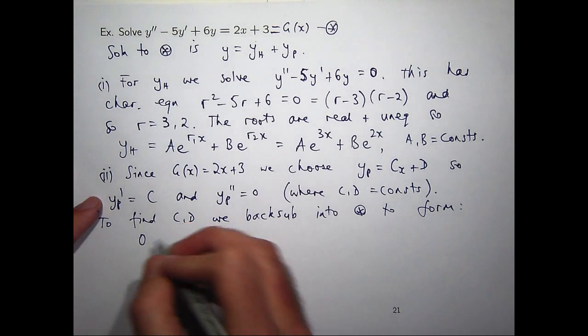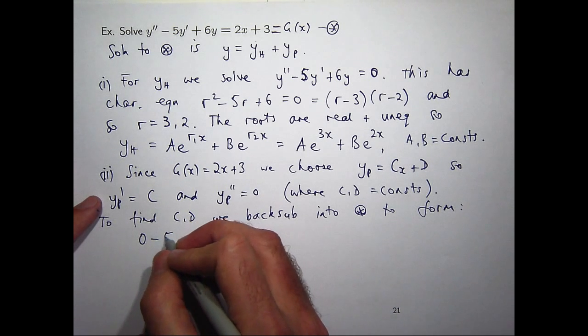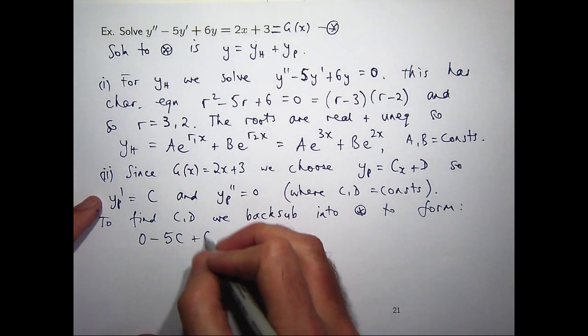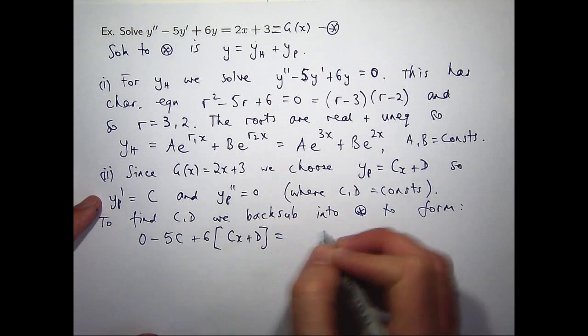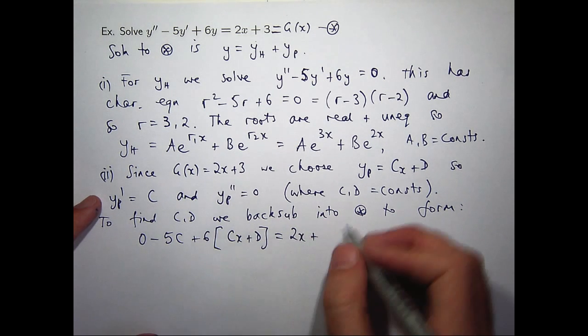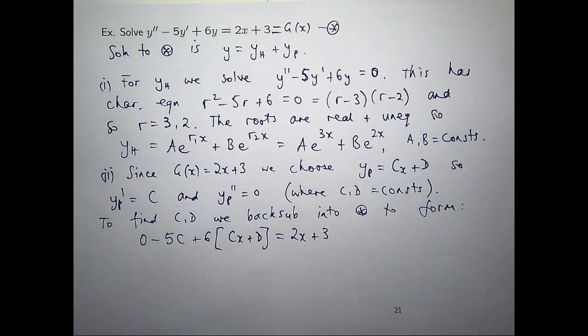So star is going to become 0 minus 5c plus 6 times this equals 2x plus 3. Okay, so all I need to do now is equate the coefficients. So what's C going to be? Well, from the coefficients of x, we're going to get 6c equals 2. And if we equate the constants, minus 5c plus 6d equals 3.